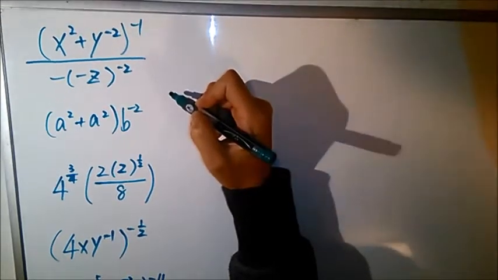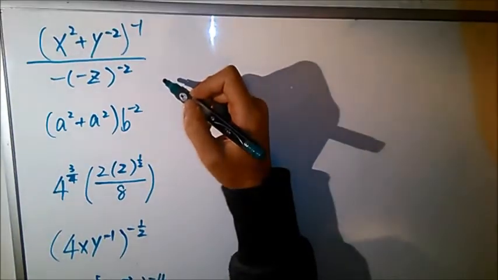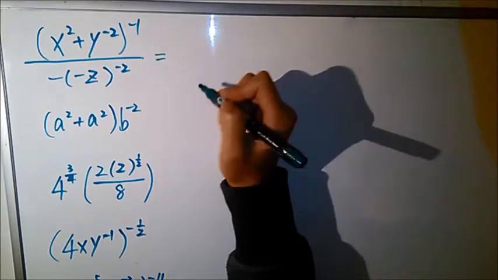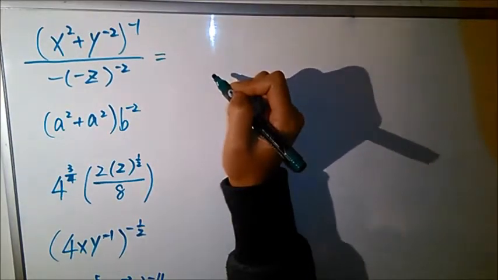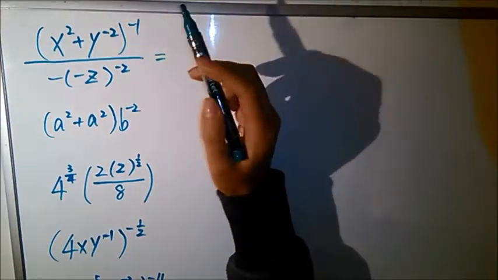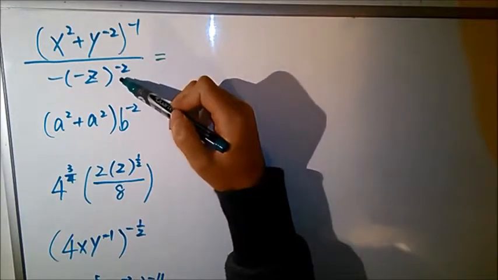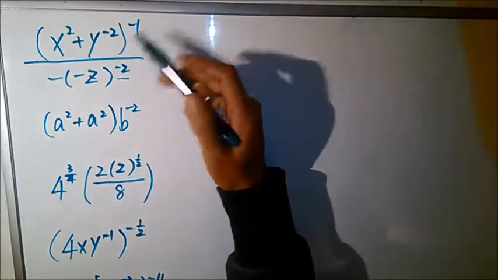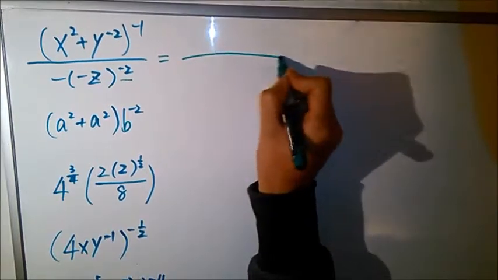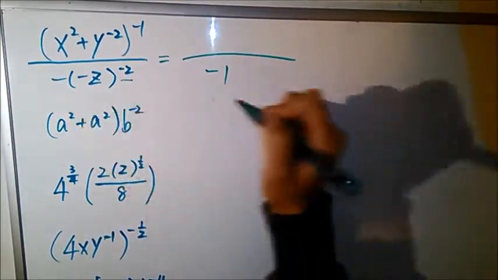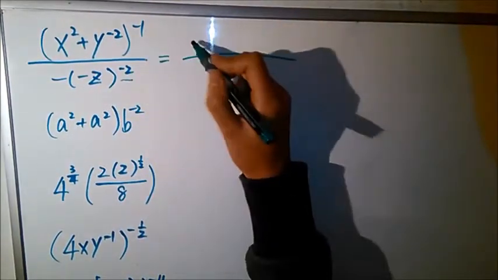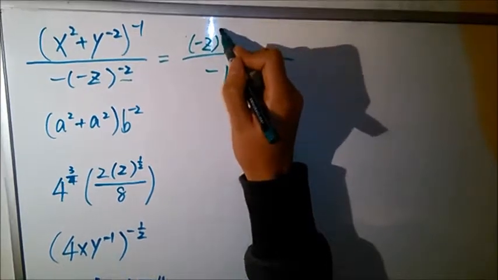Okay, so this one is x squared plus y negative squared, negative power, right? And all to the negative power of 1, right? We see that we have a negative power downstairs, right? We're going to move that one upstairs. Leave the negative outside alone. Leave that negative one alone. Okay. Good.